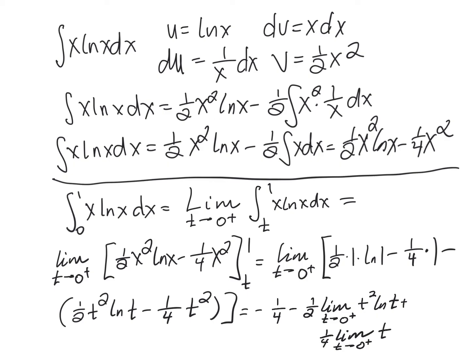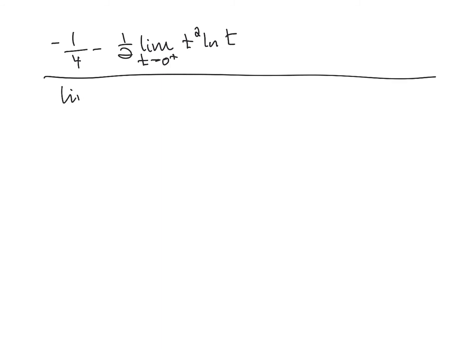Of course, the last limit is 0, and we only have to determine the limit of t squared natural log of t. So our integral equals negative 1/4 minus 1/2 times that limit. We just have to evaluate that limit and we'll know the complete answer.